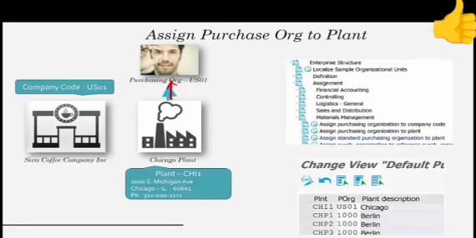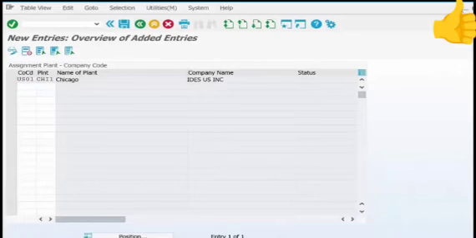For now, just assign the purchase org to the plant. And how do you do that? As usual, under assignment, under material management, assign standard purchase organization to plant. There are other things like reference purchase organization and all that stuff. Don't worry about it.